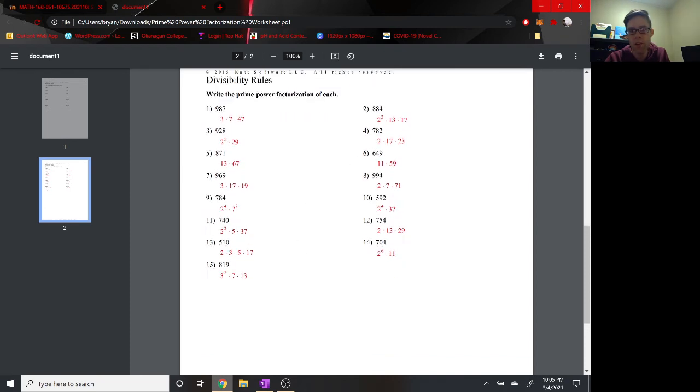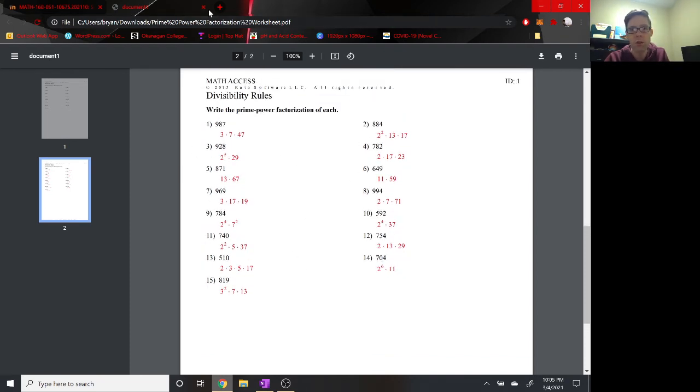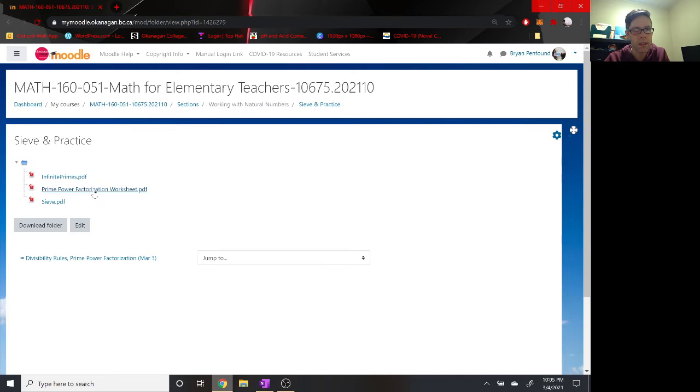And on the second page, of course, in red are the solutions. So take a few moments to grab a couple examples from the worksheet. Try those out and see if you understand the concept of breaking numbers down into prime numbers.